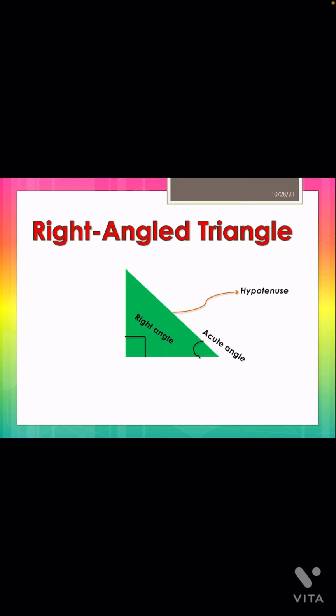The side opposite to the acute angle is called the opposite. And the side next to the acute angle is called the adjacent. Always remember, adjacent is always next to the angle and opposite is opposite to the angle.